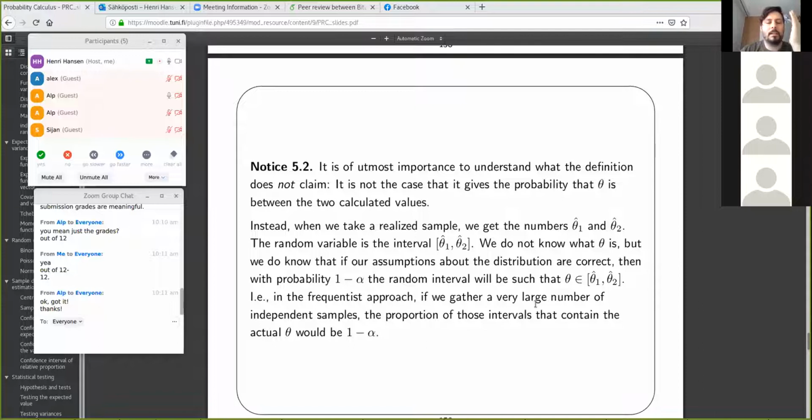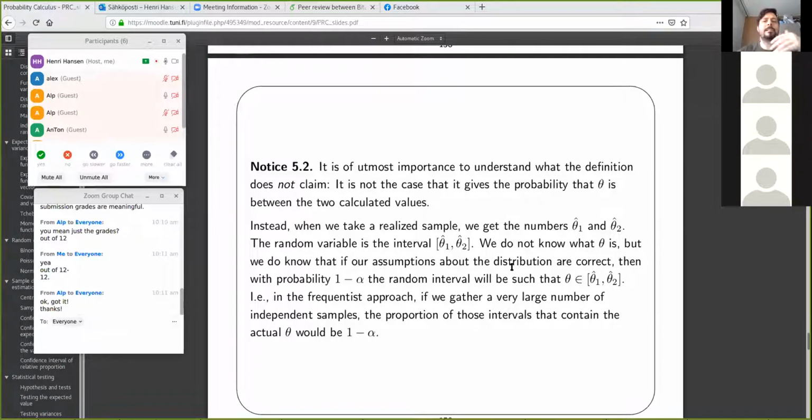So the alpha is the probability of error in the sense that it's the probability that you get values such that the actual parameter is outside that range.